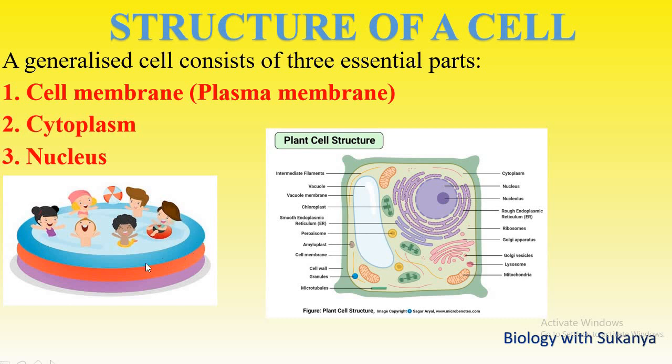This is comparable to this rim of the swimming pool. The water over here is comparable to the cytoplasm inside the cell, this grayish color over here. And these tiny humans that are floating on the water may be compared to these cell organelles. And the blue part over here with the condensed region, this is known as the nucleus.